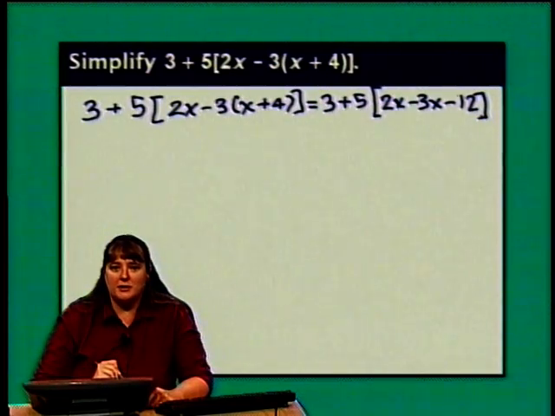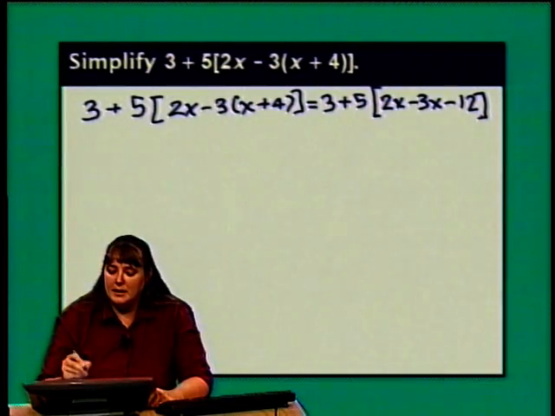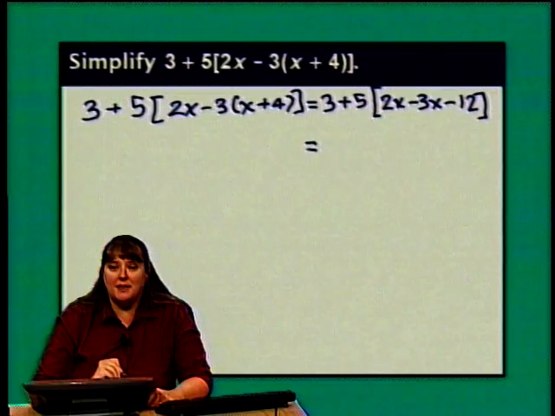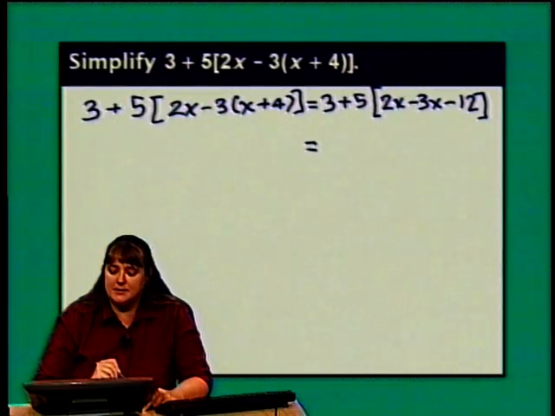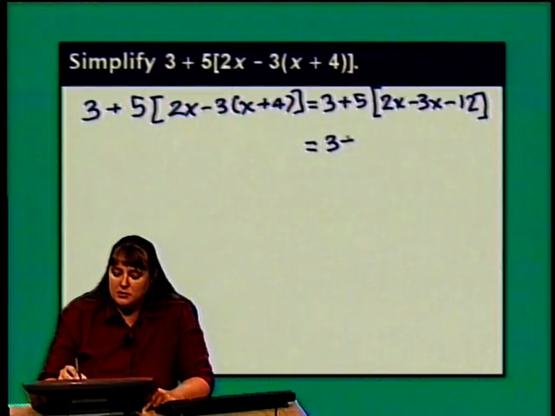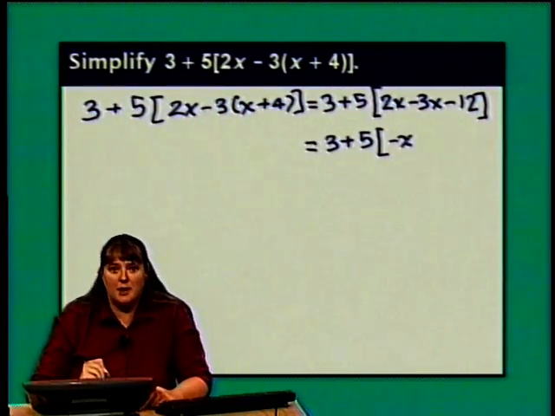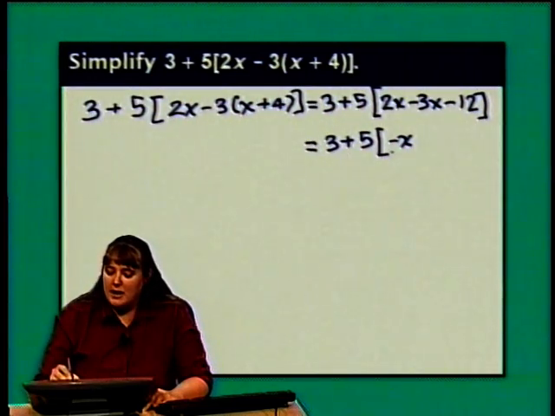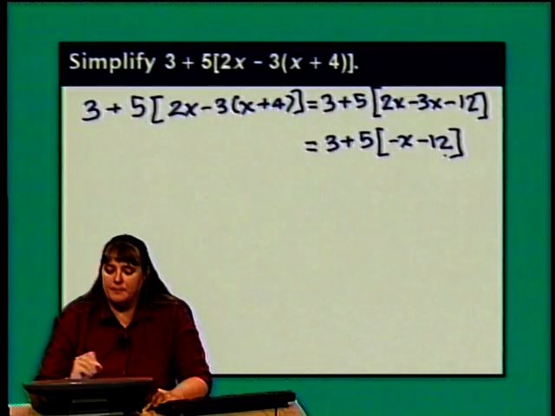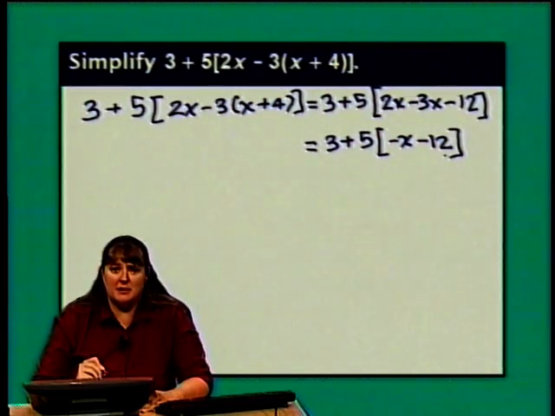So I'm just going to write down minus 12. Inside my grouping symbols, I have like terms, 2x and negative 3x. When I add 2x and negative 3x, I get negative 1x, which I can write as just the opposite of x. So I have the opposite of x and minus 12 as my other term. In my grouping symbols, I'm left with the opposite of x, minus 12.